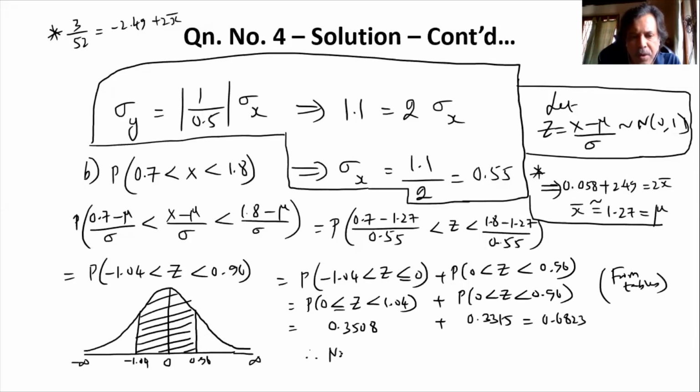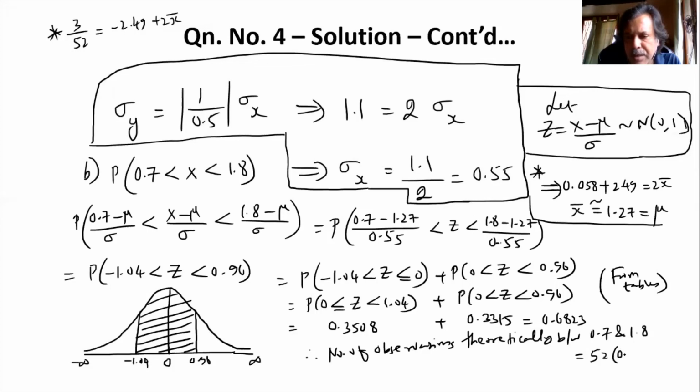Therefore, the number of observations theoretically between 0.7 and 1.8 will be capital N, which we know is 52, times the probability we just calculated, 0.6823. If I multiply these two, I will get approximately 36 observations. So that is the solution for this particular problem.